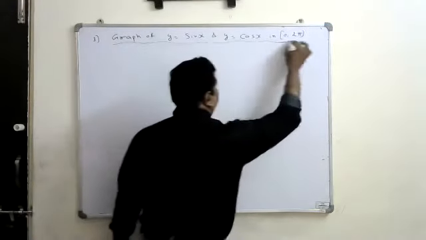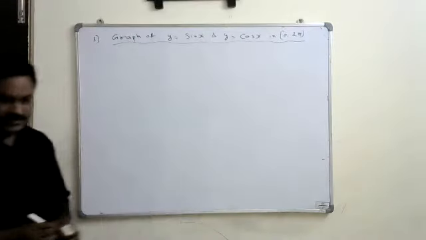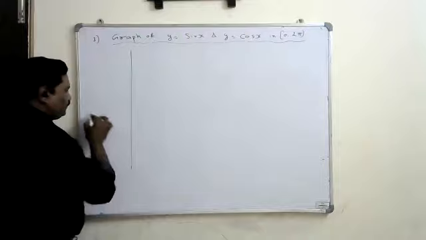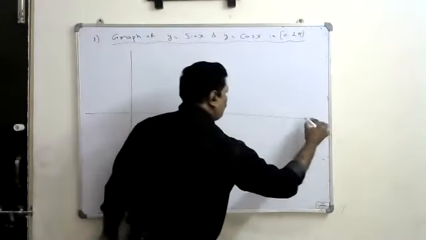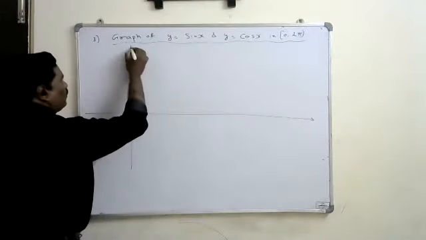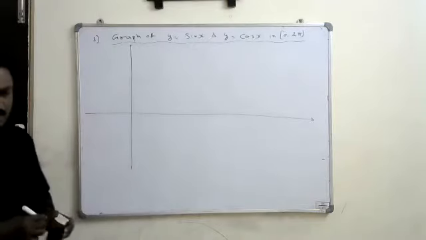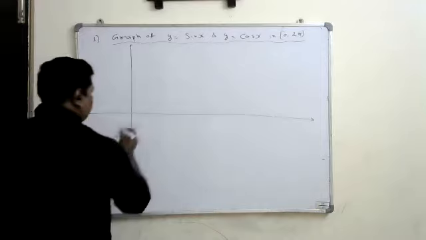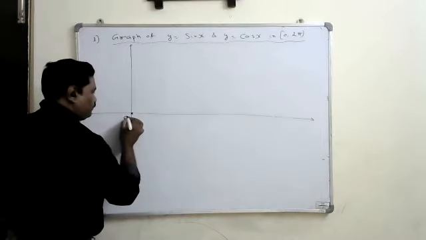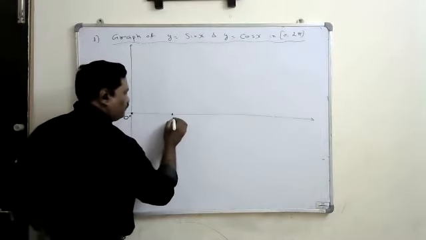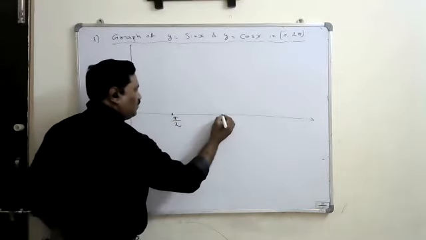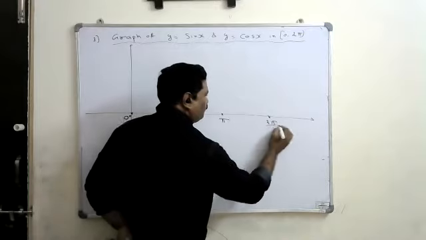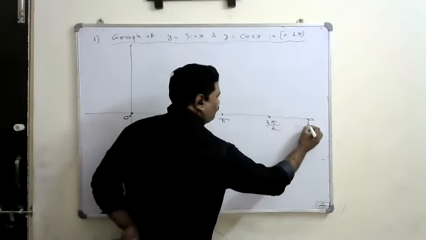In that particular interval, we will draw the graph of sin x and cos x. Just observe here. We will take the coordinate axes, x and y axis. On the x axis, I will represent the values of x. Start with 0, then pi by 2, then pi, 3 pi by 2, and 2 pi.